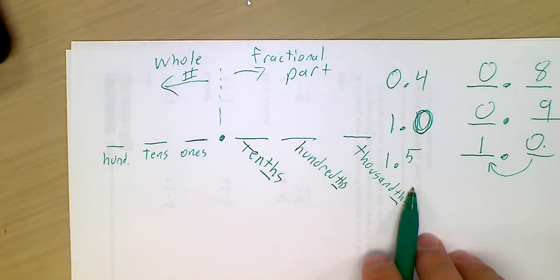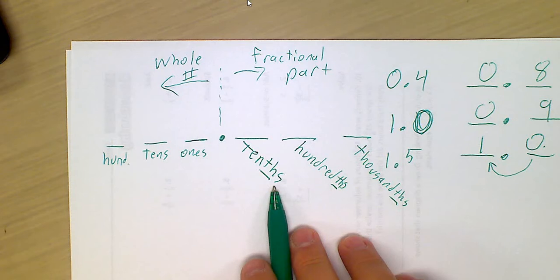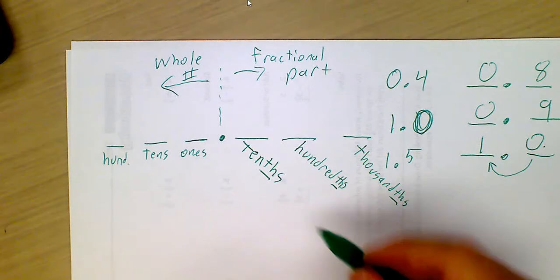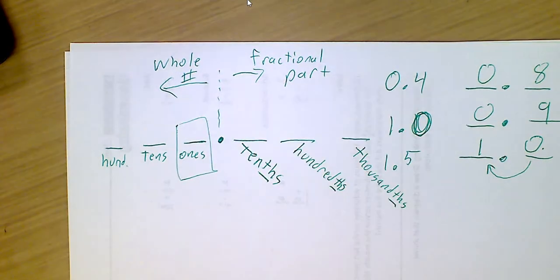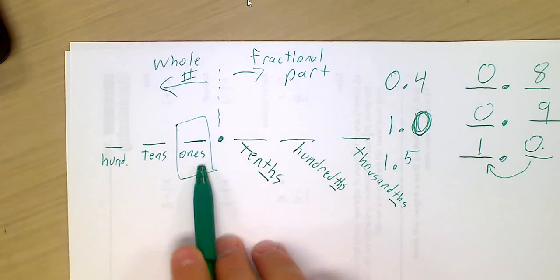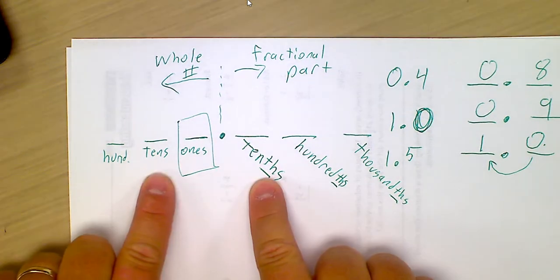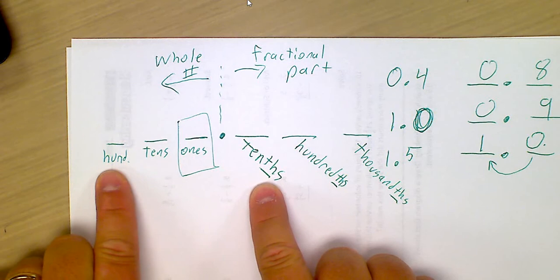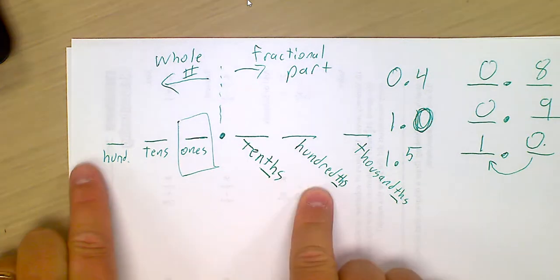The patterns repeat except these have TH. The only one that's different is this one right here. There's no ones place, because one means a whole. So if you start there and go out, they should match: tens, tenths; hundreds, hundredths; thousands, thousandths.